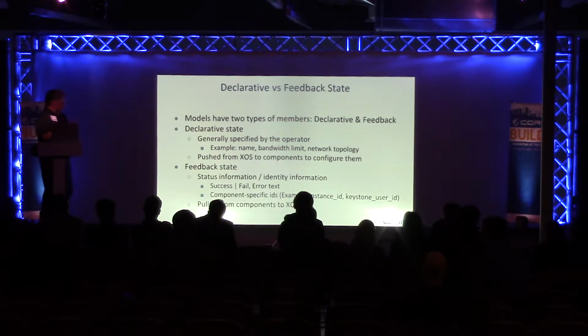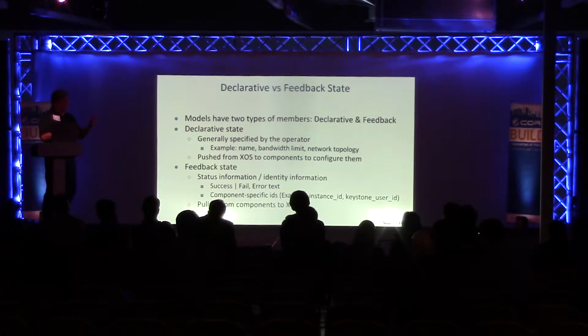We divide the fields in our models into two different kinds of members, declarative and feedback. So declarative state is generally specified by the operator in some manner. It can be traced back to, for example, a Tosca recipe or something somebody clicked in the GUI, something like that. It's state that you wanted to put the system into.